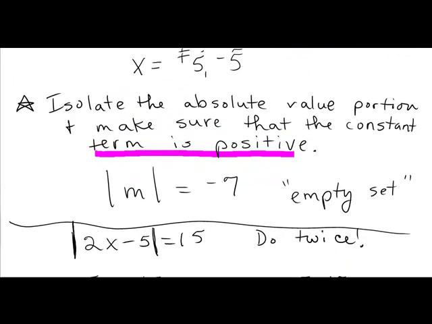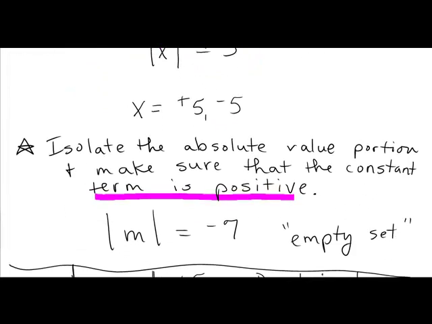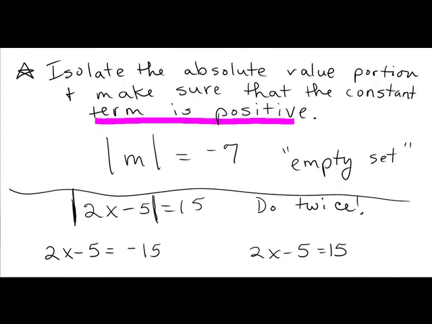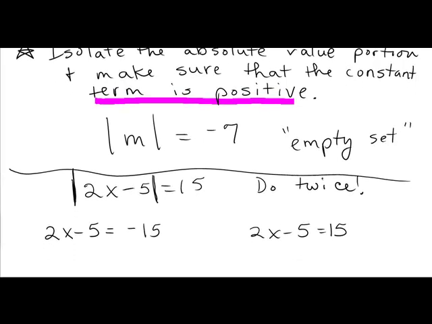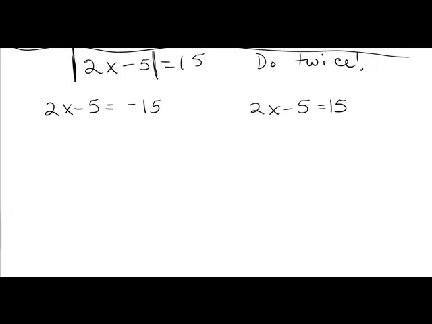So let's go back. See, it could be inside here, it could be positive, it could be negative, and that's what we're looking at. Our x could be positive or negative, and so that's how we're going to work these equations. You want to isolate the absolute value first, and then we're going to do it twice, making one of them equal to a positive and the other equal to a negative.